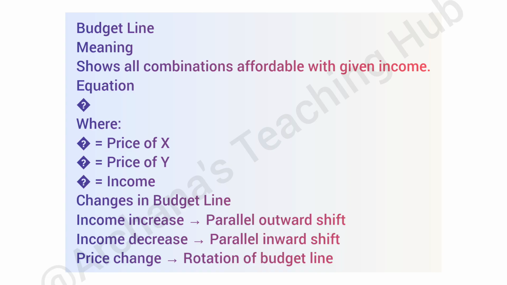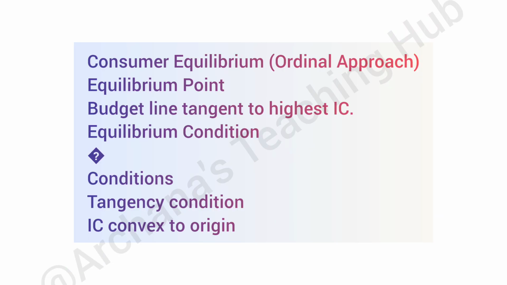Now, changes in budget line. Income increases, budget line shifts parallel outward. Income decreases, budget line shifts parallel inward. Price change, rotation of budget line. Consumer equilibrium, ordinal approach.